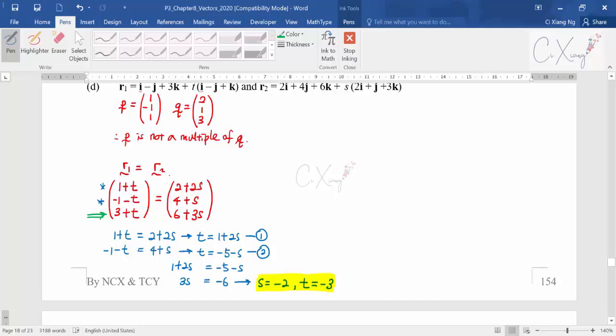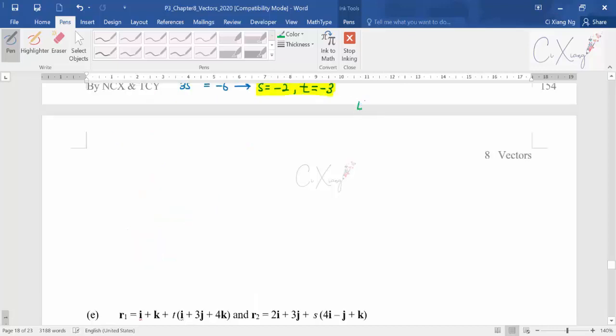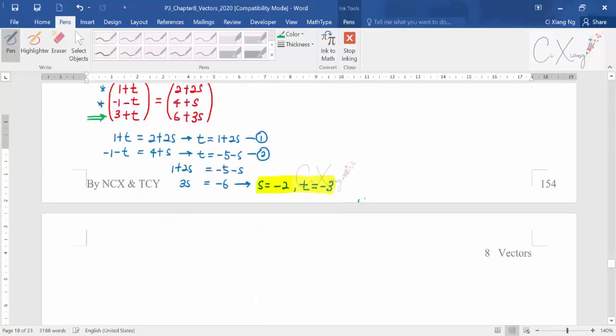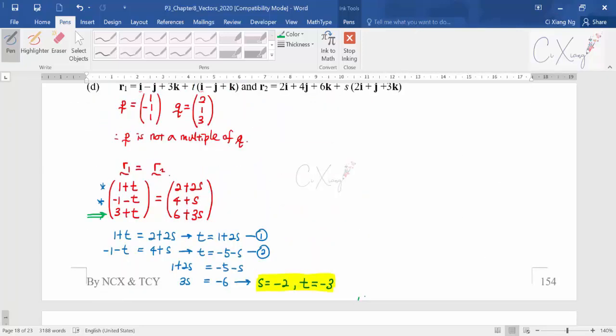Okay, so for the green color part, the left-hand side of the equation is 3 plus T. Correct? So 3 plus T means 3 minus 3. And you get a 0.